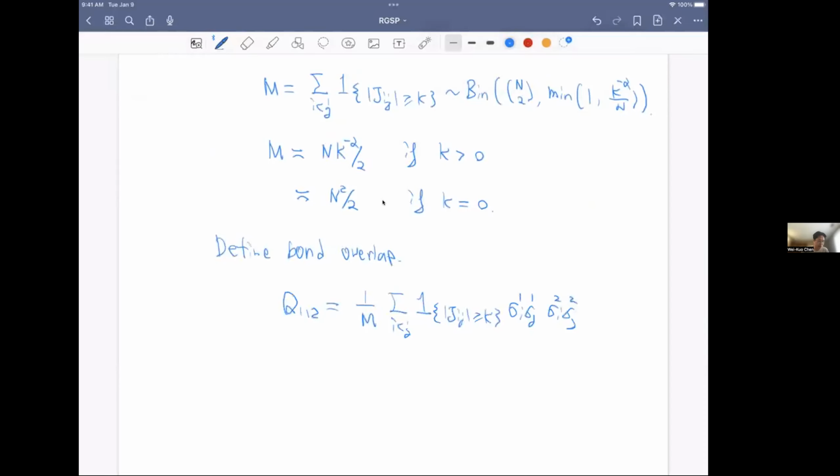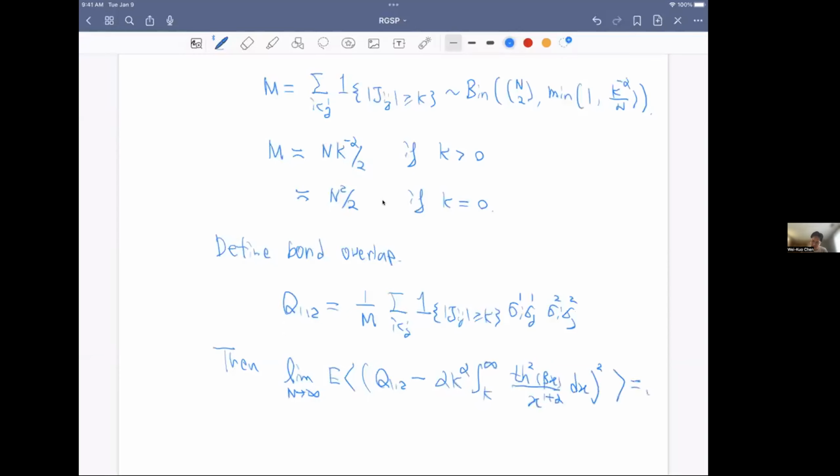All right, and right now the main result is this: the bound overlap has a different behavior from the site overlap, right? In this case, you will see that this Q12 will be concentrated at a constant, alpha k, the integral from k to infinity of hyperbolic tangent squared of beta x divided by x to the 1 plus alpha dx, squared, right?